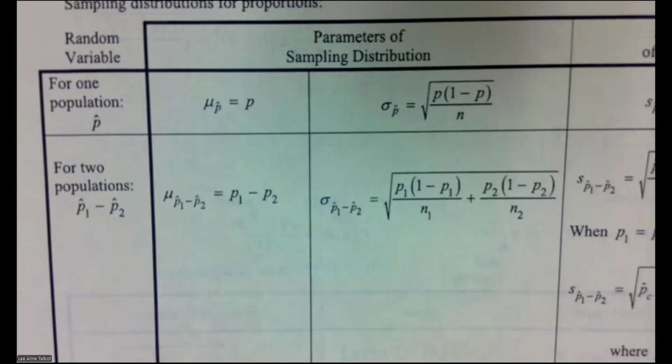But I want you to notice n is in the denominator. Okay, and what happens when the denominator gets bigger? What happens when the denominator of a fraction gets bigger? Fraction gets smaller, which means that your variability gets smaller, which is why that graph got shrunk up smaller.